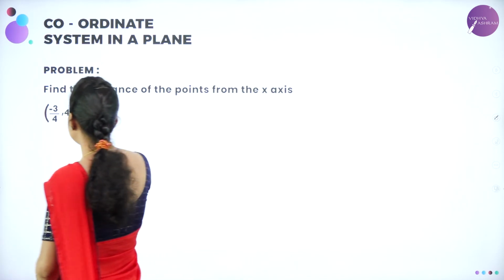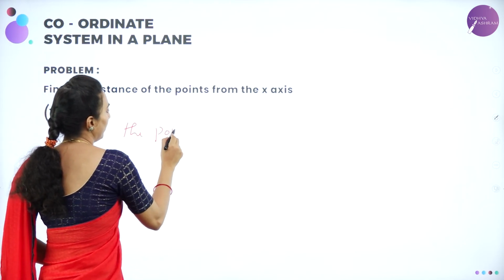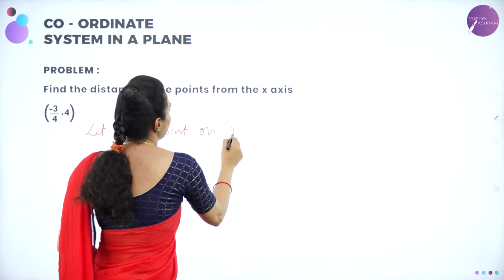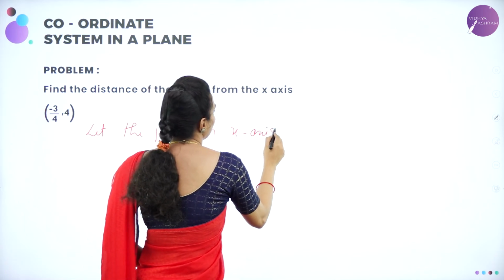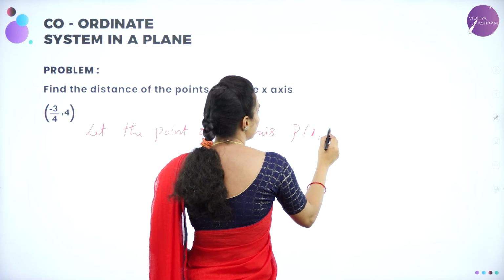So therefore, let the point on x-axis be P of x comma 0, correct?